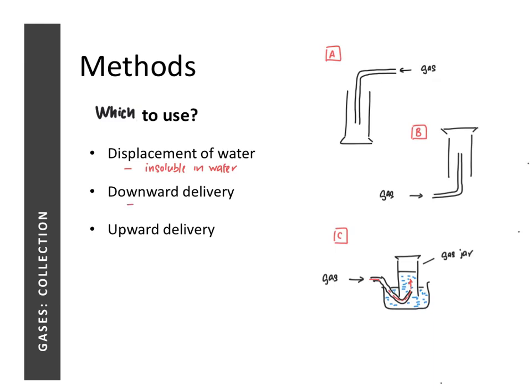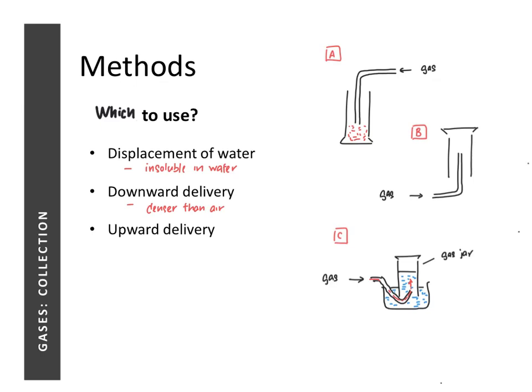For downward delivery, the gas is being delivered downwards, so it is used for gases that are denser than air. It actually sinks. So once it's collected over here, since it's denser than air, it will remain in the gas jar for a long period of time.